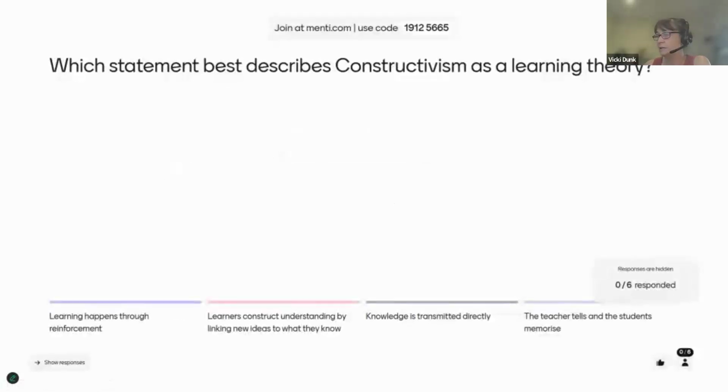So which one of these is the definition of constructivism? Let's have a look. Yes, that is the right one.